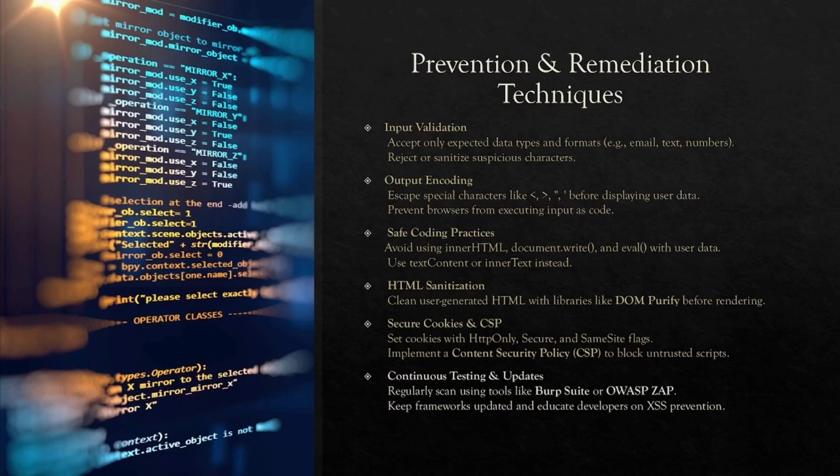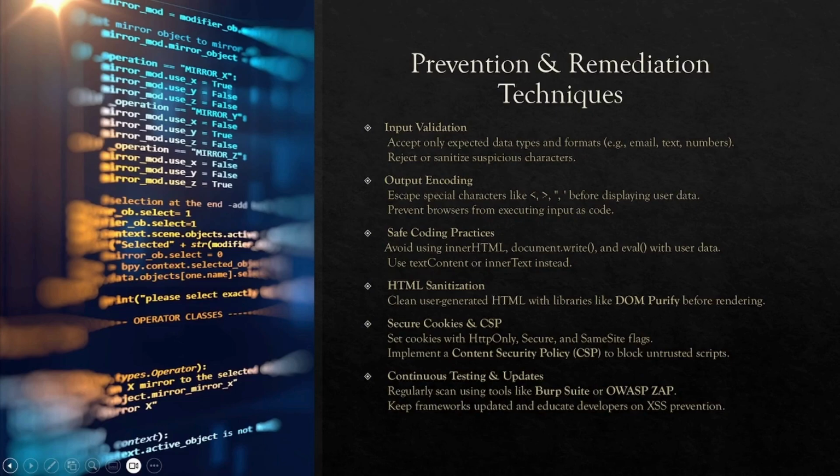Then secure cookies and CSP. Set cookies with HttpOnly, Secure, and SameSite flags. Implement a Content Security Policy, CSP, to block untrusted scripts. Then continuous testing and updating. You can use Burp Suite or any other tool to regularly scan your applications, and keep your frameworks and libraries up to date.